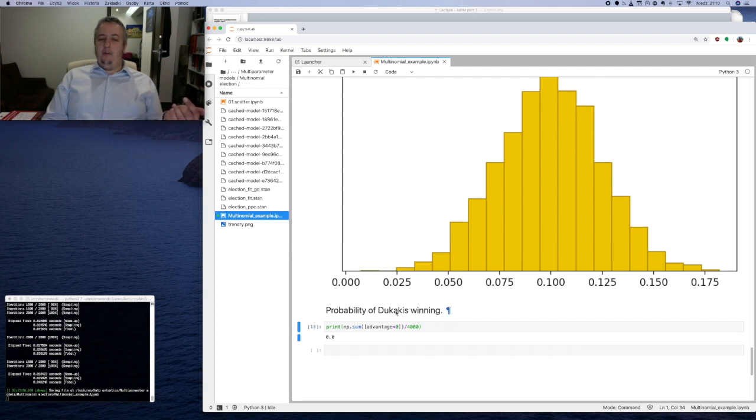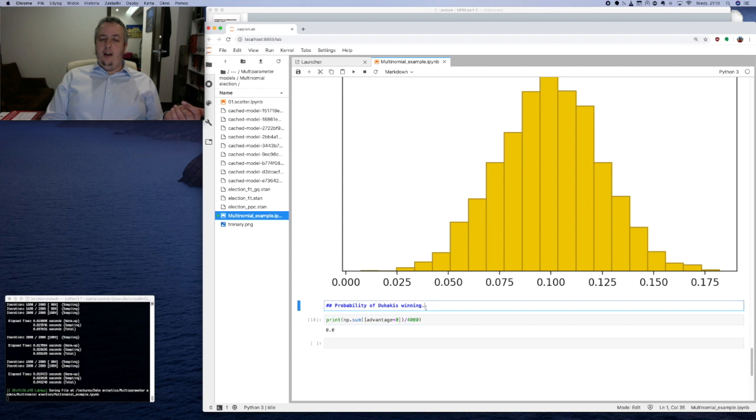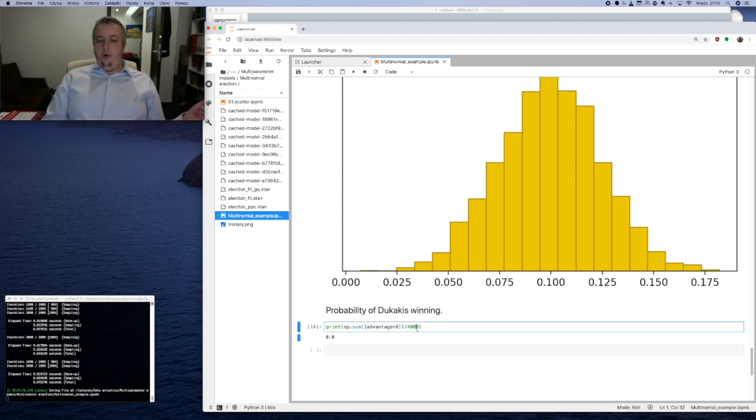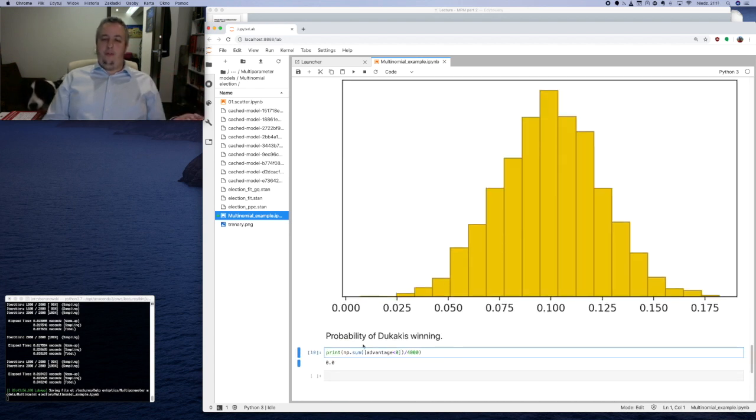So our probability of Dukakis winning will be the average, the number of points where Dukakis had an advantage, so where the advantage was positive, divided by 4,000.